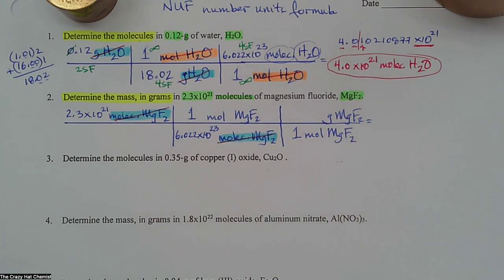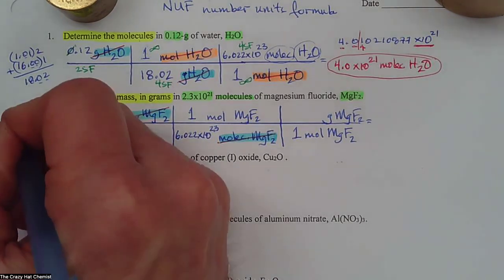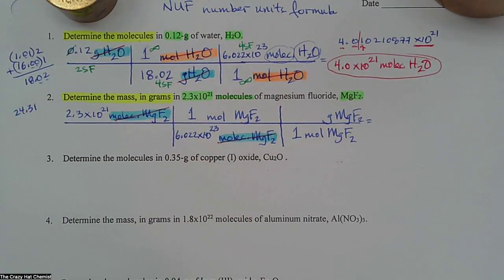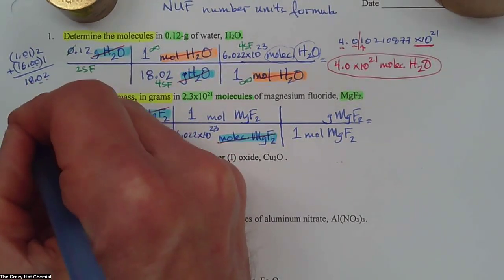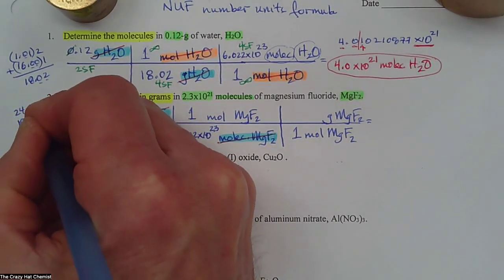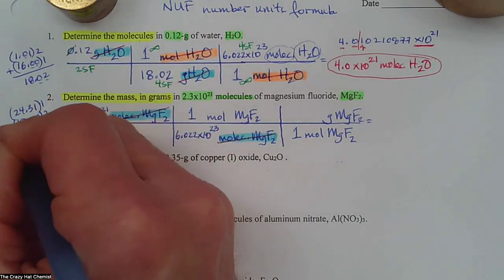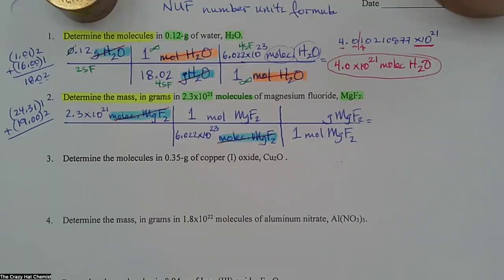So what you're going to do is pull out your periodic table. There is one magnesium, that's 24.31, and then there are two fluorides, and that's 19.00. So two of these and one of these. I'm going to add those up and get the molar mass of the compound magnesium fluoride.